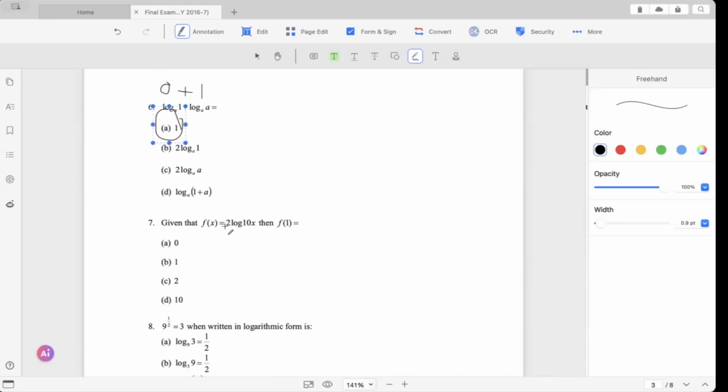Given that f of x equal to 2 log 10x, then f of 1, you replace x to be 1, so it's 2 log 10 times 1. 10 times 1 is 10, so you have 2 log 10, and log 10 is 1. So this would be gone, so the answer is 2.